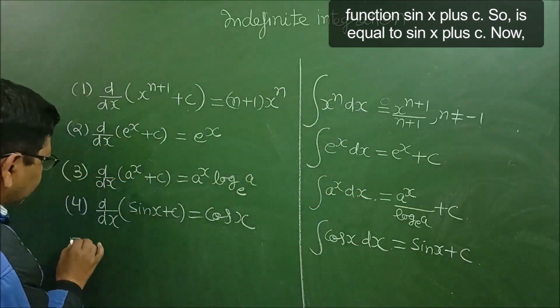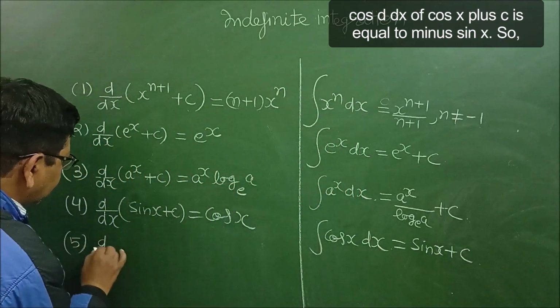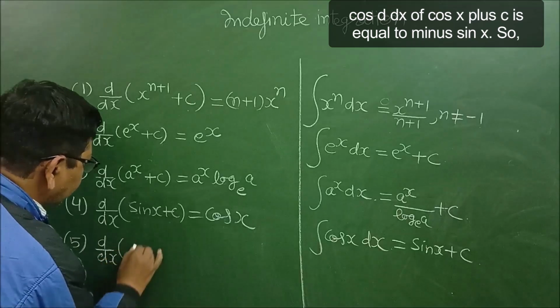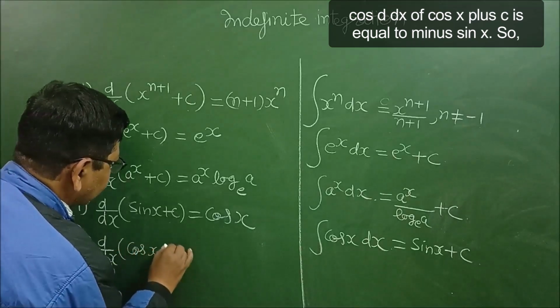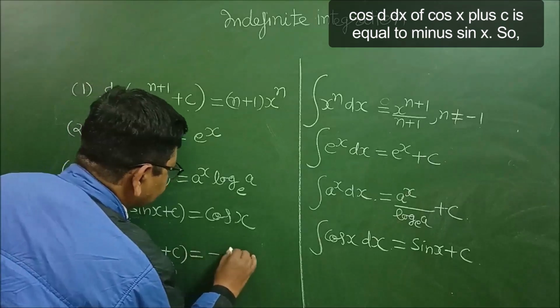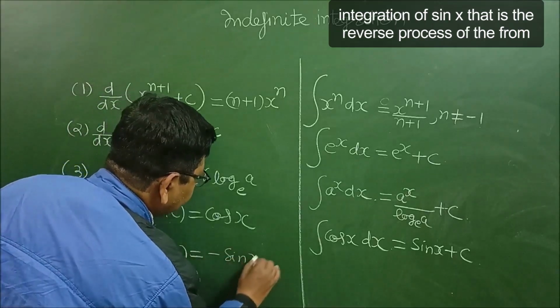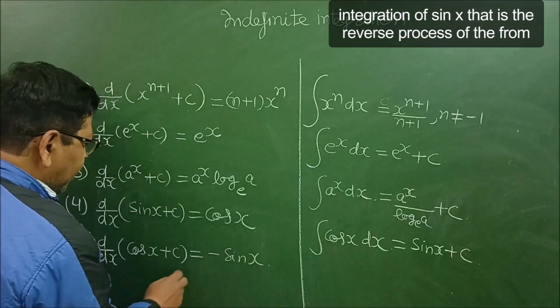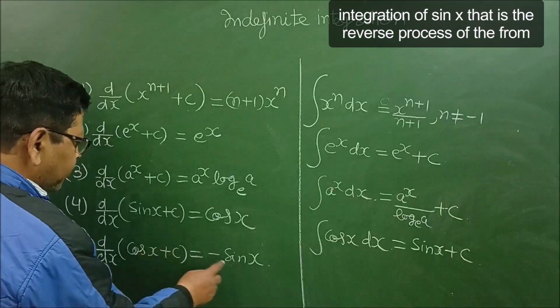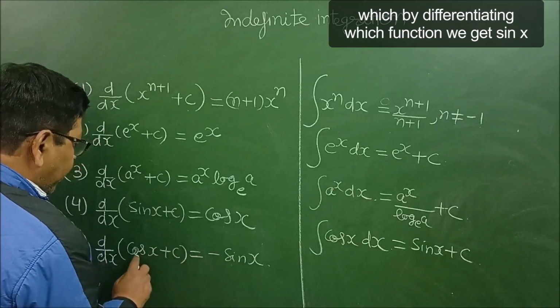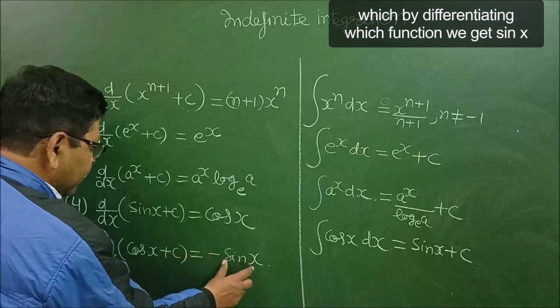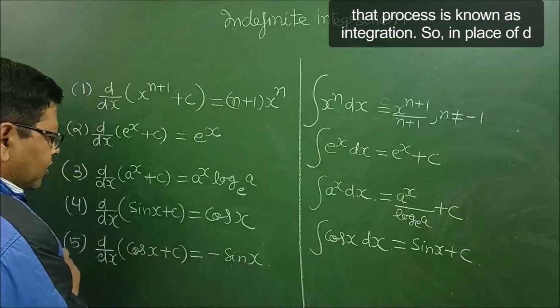Now d dx of cos x plus c is equal to minus sin x. So integration of sin x, that is the reverse process, from which function by differentiating we get sin x, that process is known as integration.